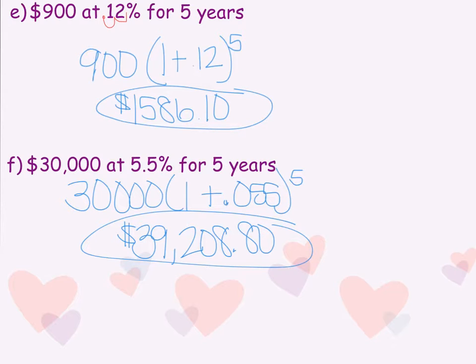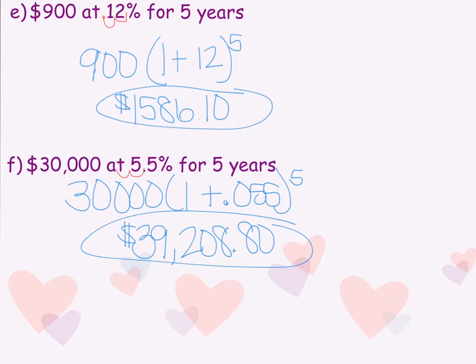Then on example F, careful in this one, a lot of students will make a mistake when they're doing 30,000. Make sure you have 4 zeros. Same thing when you're calculating it. Just think about your answer. Like this answer should always be bigger than your principal. And then careful again, moving your decimal point 2 places to your left in your percent. But you should have 0.055 for your percent that you use in the calculation.